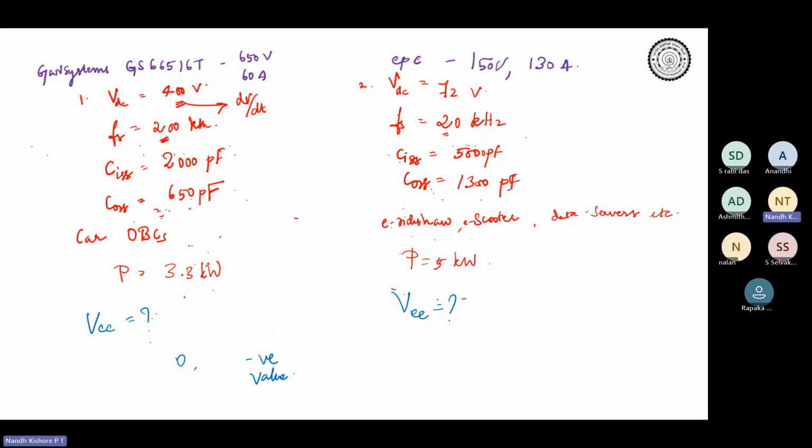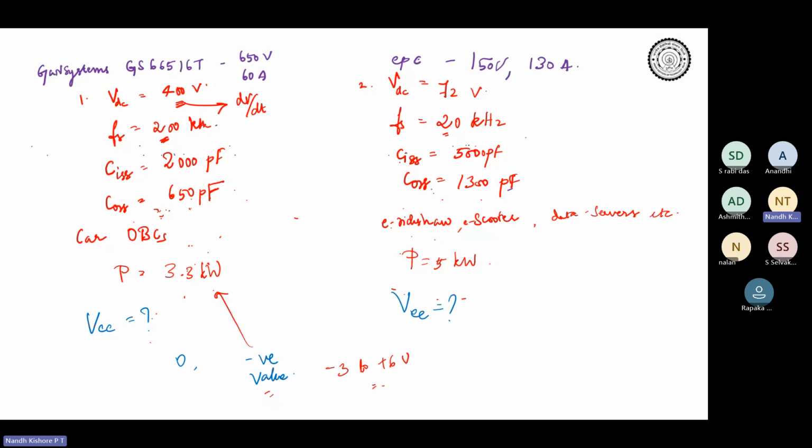Okay, high dV/dt, right? And because of this high dV/dt, it can cause spurious turn on of the complementary device. Okay, so because of this, we try to have a negative value over here as well. Generally it is better to use somewhere around -3 to +6 volts.